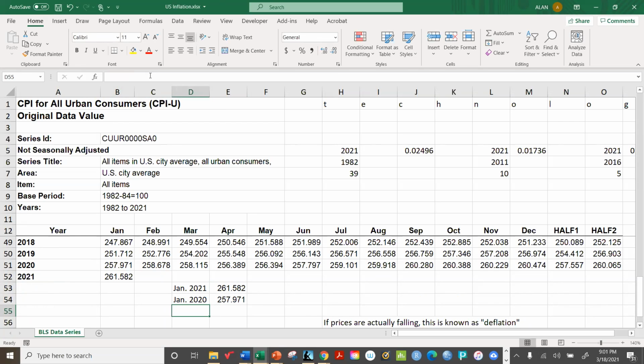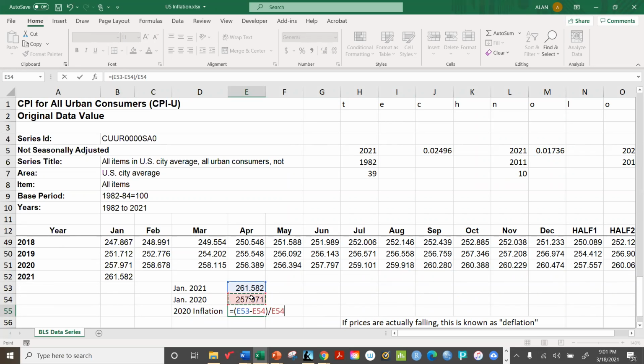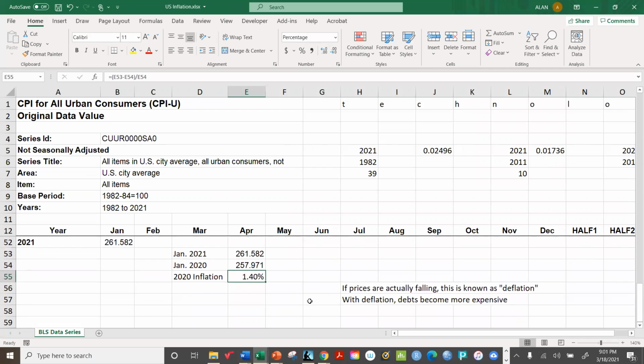So the 2020 inflation rate could be considered to be the percentage difference between those two indexes, which means you're taking the current level minus the previous level, all divided by the previous level, and that works out to approximately 1.4%. So right now, US inflation is at a very low level, approximately 1.4%.